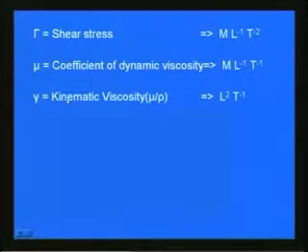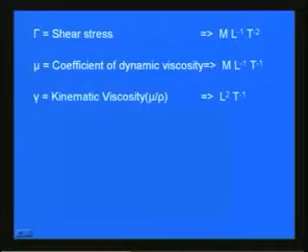Another quantity is called kinematic viscosity: when we divide the coefficient of dynamic viscosity mu by the density rho, that quantity is called kinematic viscosity, nu is equal to mu by rho, and its unit is L square T to the power minus 1.